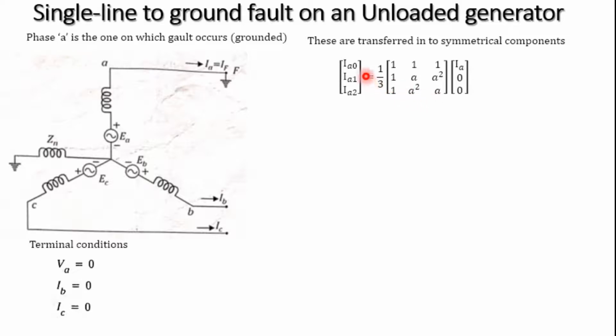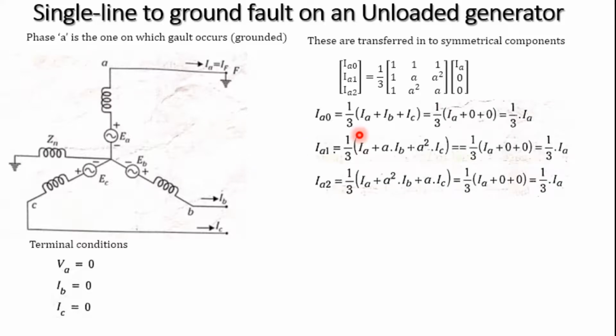We know the equation: IA0, IA1 and IA2, the symmetrical values of the current, is equal to 1 by 3 times the matrix 1 1 1, 1 a a square, 1 a square a, times IA, IB and IC, where IB and IC are 0 based on the terminal conditions.